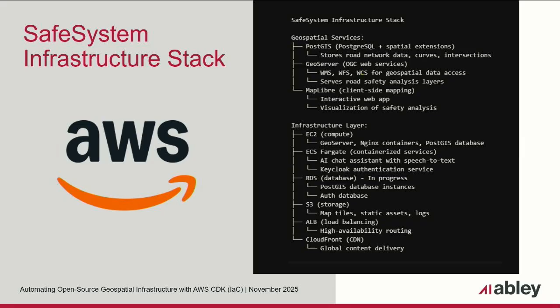Then we have ECS Fargate container service for our AI solution. We are working on an authentication service, which might use an RDS database. We have S3 standard web assets to serve the static website, load balancing, high availability, routing, and CloudFront. And there are a few more things which I might not have listed there.